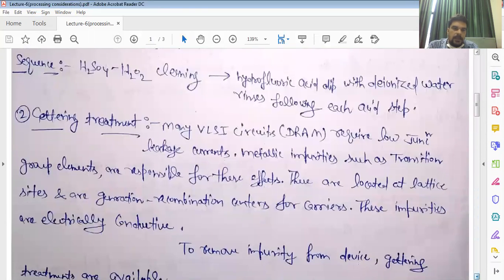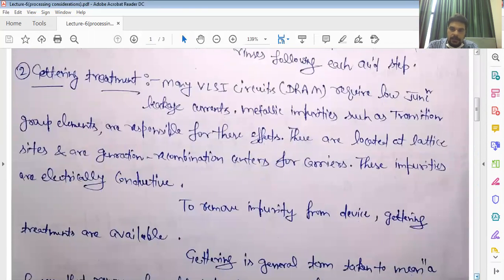Now the second point in the processing considerations is the gettering treatment. There are many VLSI circuits, such as dynamic RAM, which require low junction leakage currents. Metallic impurities such as transition group elements are responsible for these effects. These are located at the lattice sites and are generation recombination centers for the carriers.